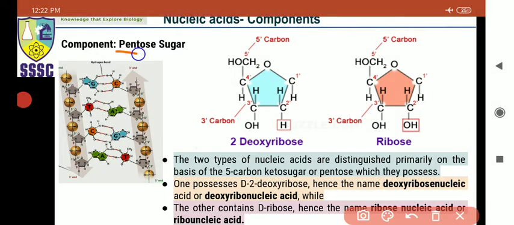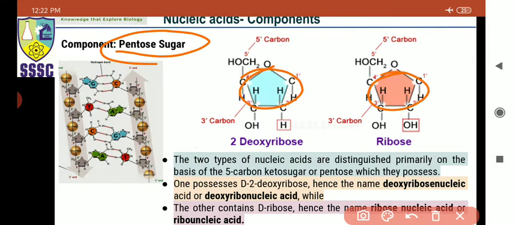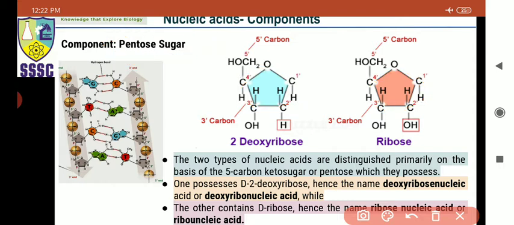Then the second component is the sugar molecules. The sugars in DNA and RNA are both pentose sugars. Pentose sugar means a 5 carbon containing sugar. In a ring structure, the pentose in beta form has the OH group on the second carbon.